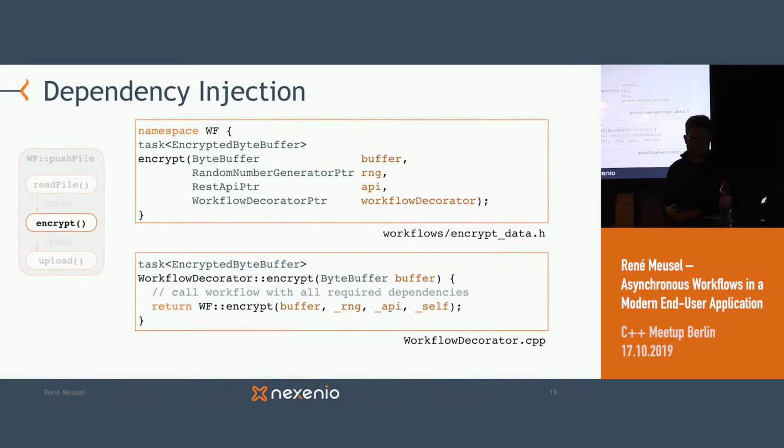What actually happens is some template metaprogramming that figures out, based on the function declaration, what dependencies this workflow needs, and stuffs them in there. So I don't need to go back to this wrapper if I add a definition up here.